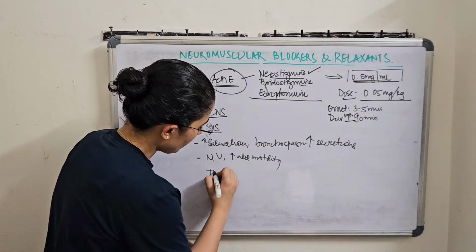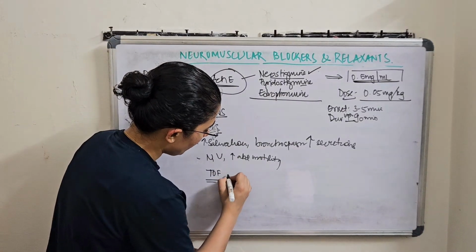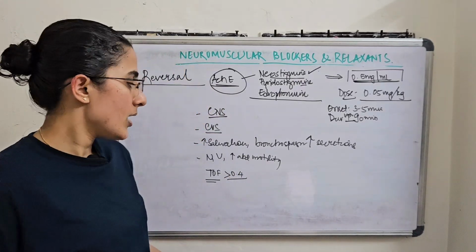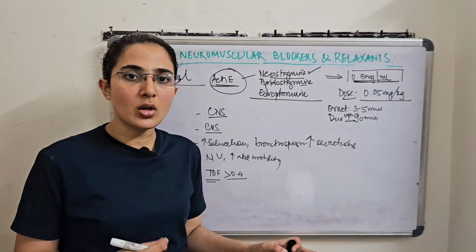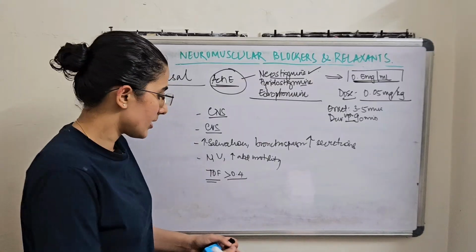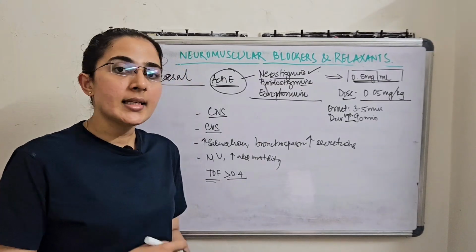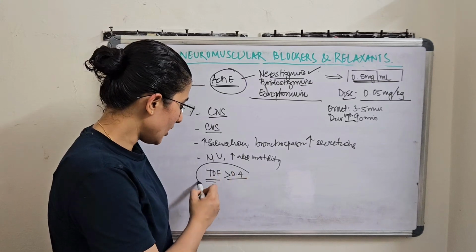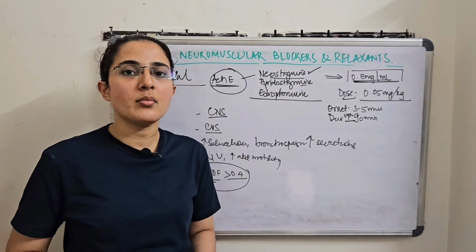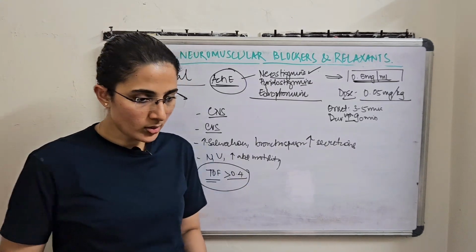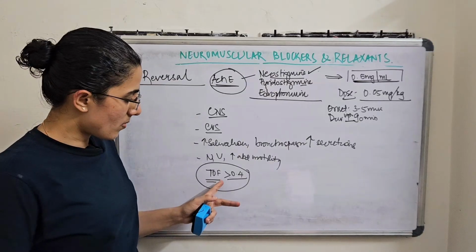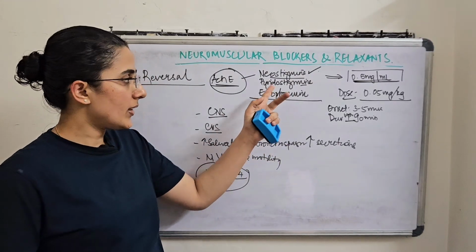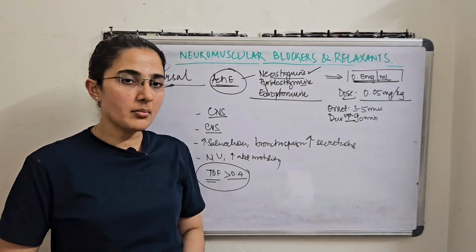If you are using a neuromuscular monitor, the TOF should be more than 0.4. You cannot give it if the TOF is less than 0.4, it cannot be reversed, right? Whereas it should be given only if the TOF is more than 0.4. So whenever we are using neostigmine, we have to keep these things in mind.